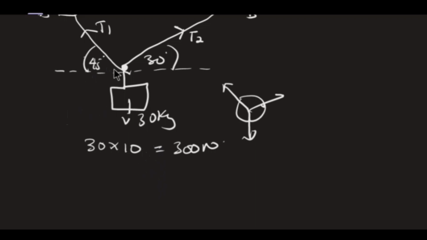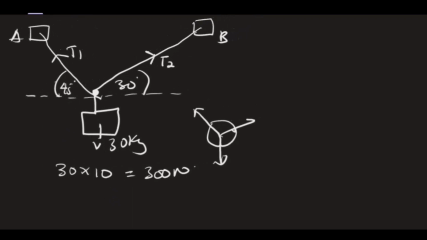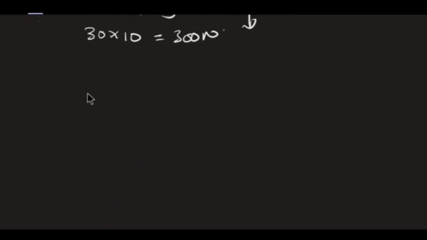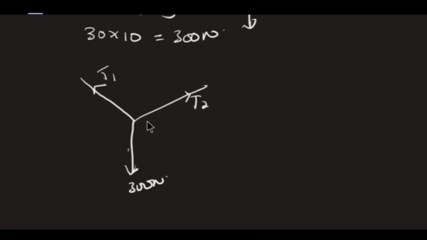So let's see. Let me redraw this diagram. When I draw the force diagram, I'll have this, this, and this. So this is my T1, this is my T2. Then this is the weight, 300 newtons.